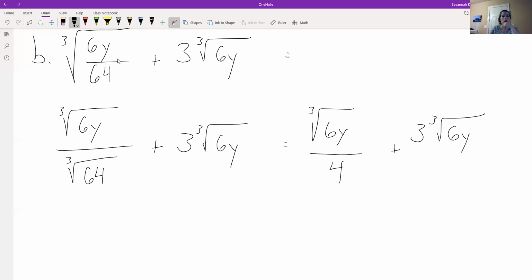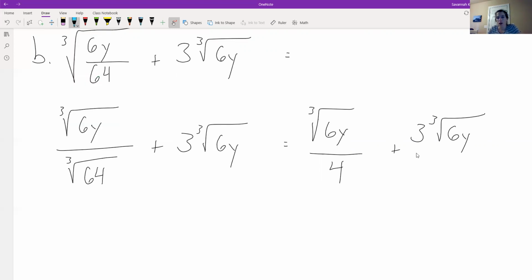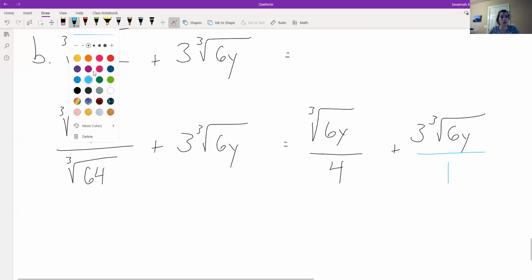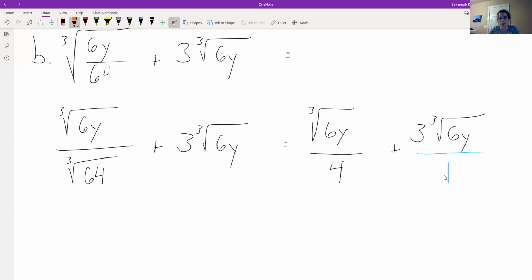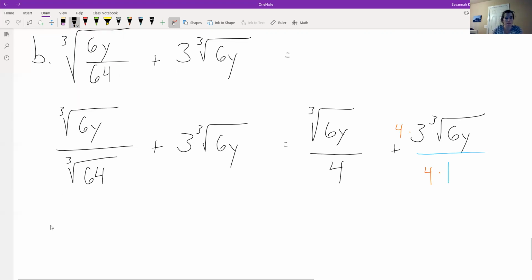Now what this means right now, in order to be able to add these together, I do have a fraction. It's just over an invisible 1. If I want to be able to get a 4 under there, I have to go through the procedure for creating common denominators like that, multiply by what's missing, in other words.